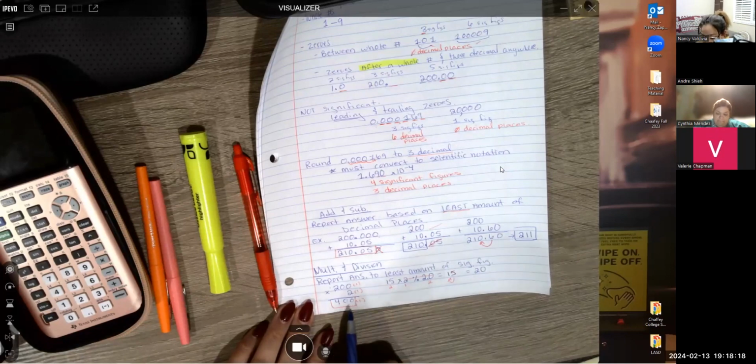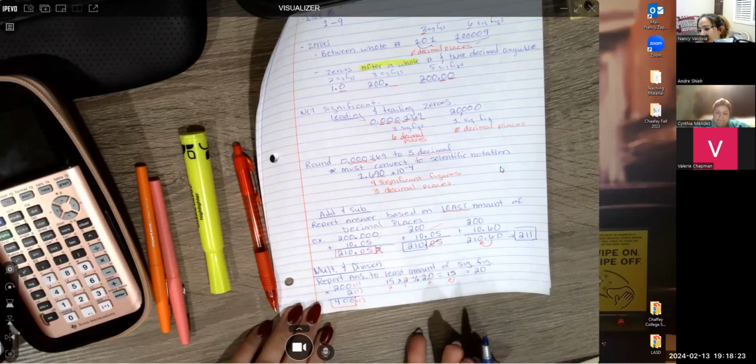So 400 is a very precise number, right? But if I say I have about $400 in my wallet, I started off with $400. I went shopping, bought some ice cream, saw a movie. I still have about $400 because I didn't spend that much, but I don't exactly have $400.